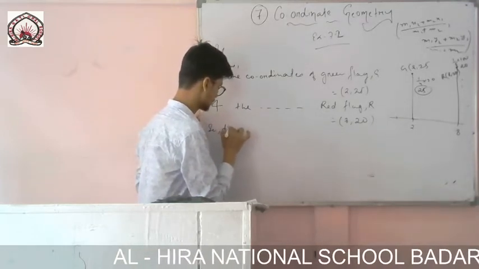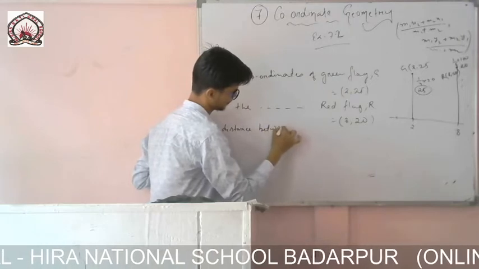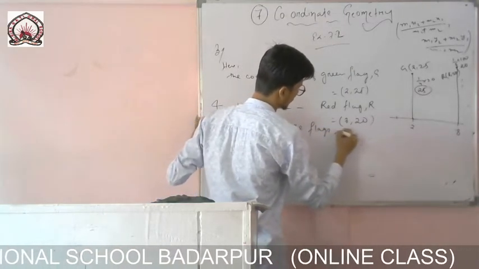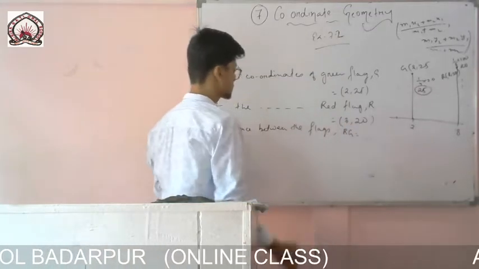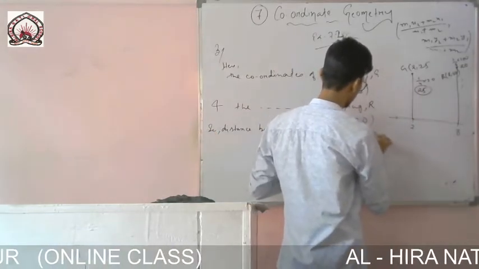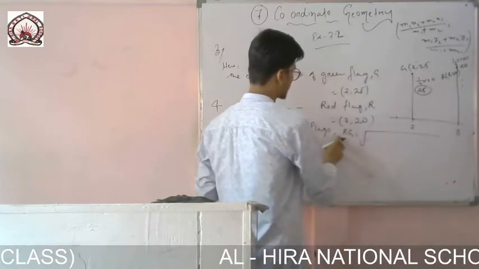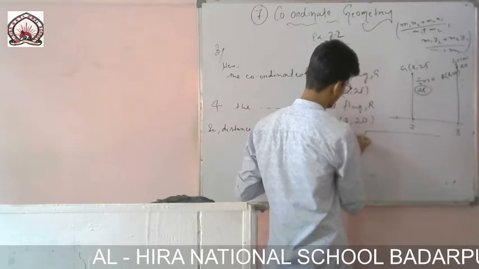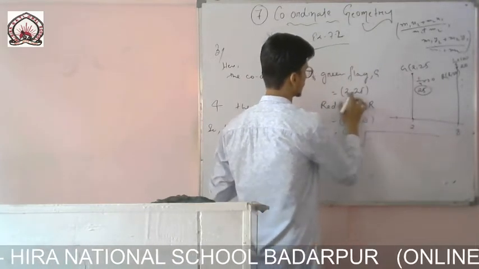The distance between the flags, that is RG. Let me write distance between the flags, that means GR also you can write, it will be root over x2 minus x1. So RGR, this one we write GR. So this one will be our x2 y2, this one x1 y1.